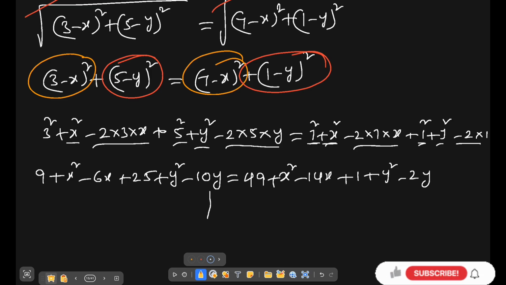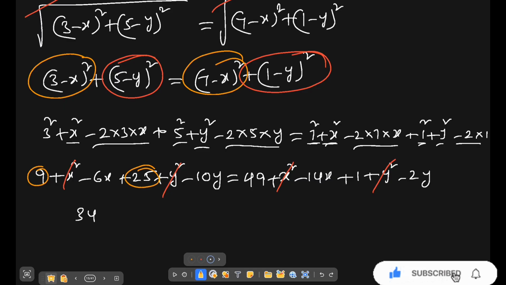Now if you see the left side and right side, left side we have x square, right side we have x square, left side we have y square and right side we have y square. We can cancel when they have the same sign. Now add the like terms. So 9 plus 25 is 34. Next, what do we have?